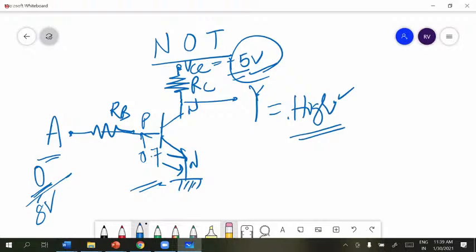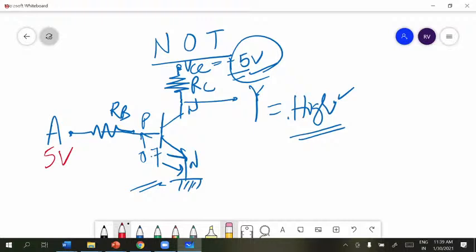When you give high voltage, say 5 volts, as input to your circuit, then what will happen? The transistor turns on. It's more than this 0.7 volts, so immediately it starts conducting. The transistor is in saturation condition. You know, when both the junctions are forward biased, the transistor goes to saturation, like we studied.